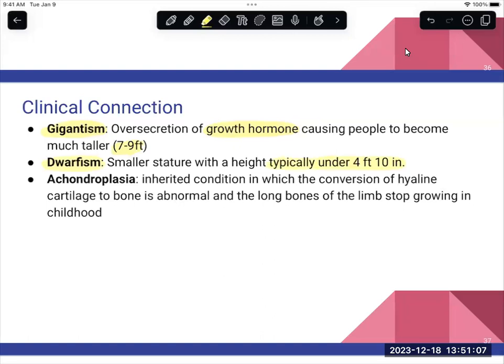And then we have a condition called achondroplasia. This is where that conversion of hyaline cartilage to bone is abnormal. Long bones in the arms or legs stop growing.